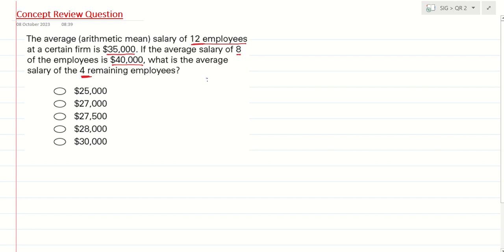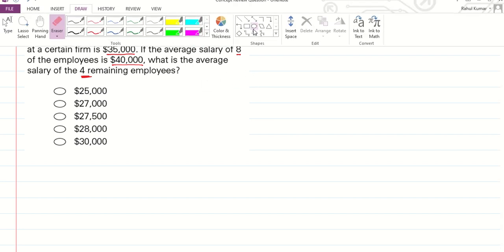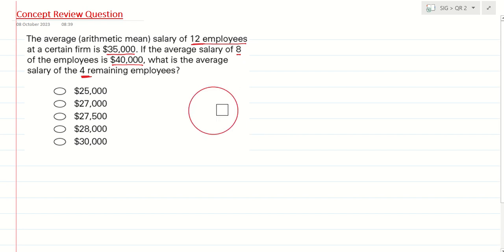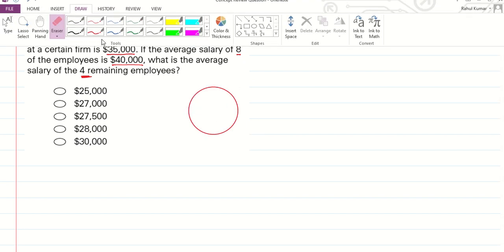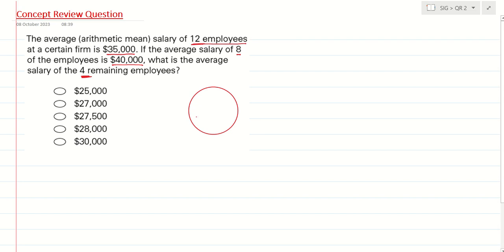Let's do it using the pi first. I require one pi where I write down the total summation. We have 12 employees altogether, and the average given is 35,000.